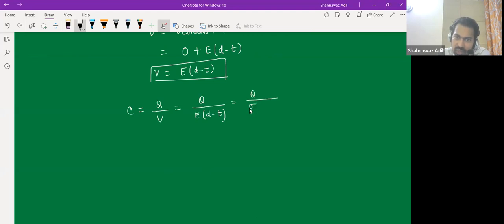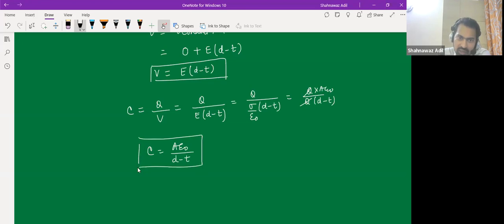E is sigma by epsilon naught, and sigma is Q by A. Q cancels, so the capacitance is A epsilon naught by d minus t. This is the capacitance of a conducting plate partially filled.